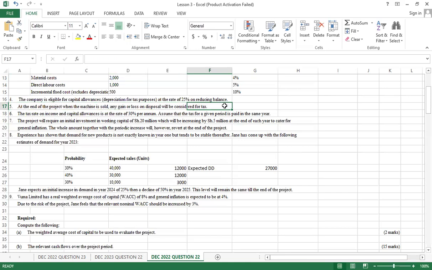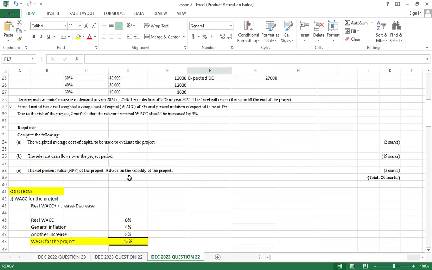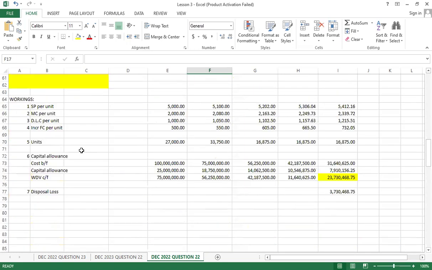In our case, we are experiencing a disposal loss. The question says that this loss is then considered for tax, meaning we tax it. The next thing to compute is then how much is the taxation on disposal loss.